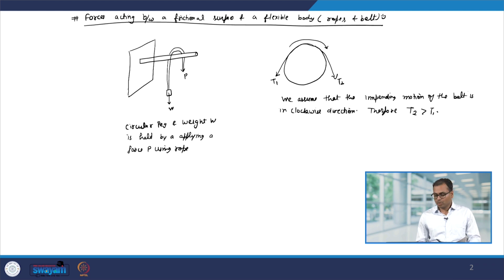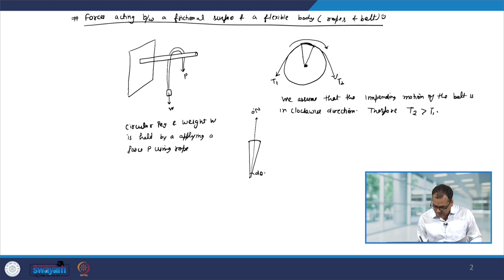Now, to find out the equilibrium condition, let us look at a part of this belt. Let us say this angle is d theta, and because of that the normal force N from the center is going to act outward.